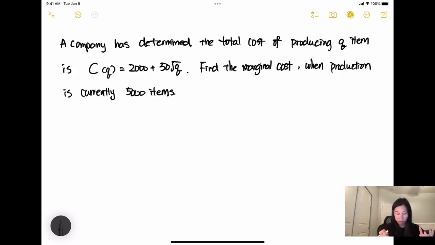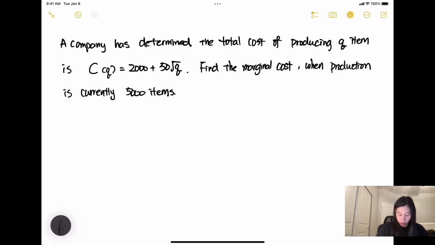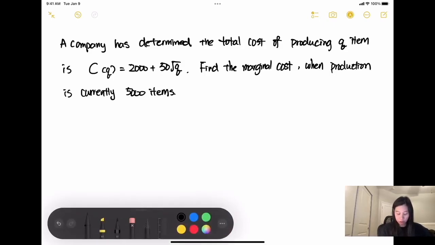So remember what marginal cost is by the definition.